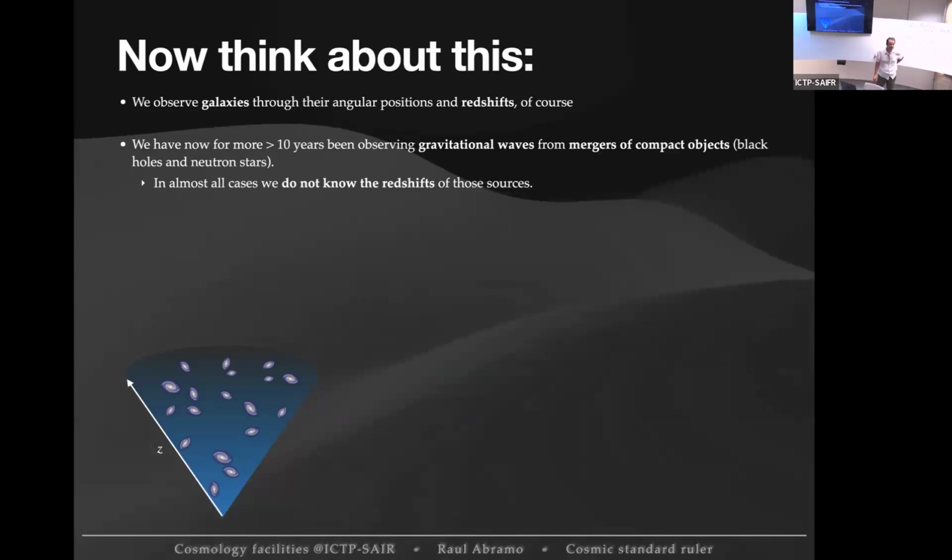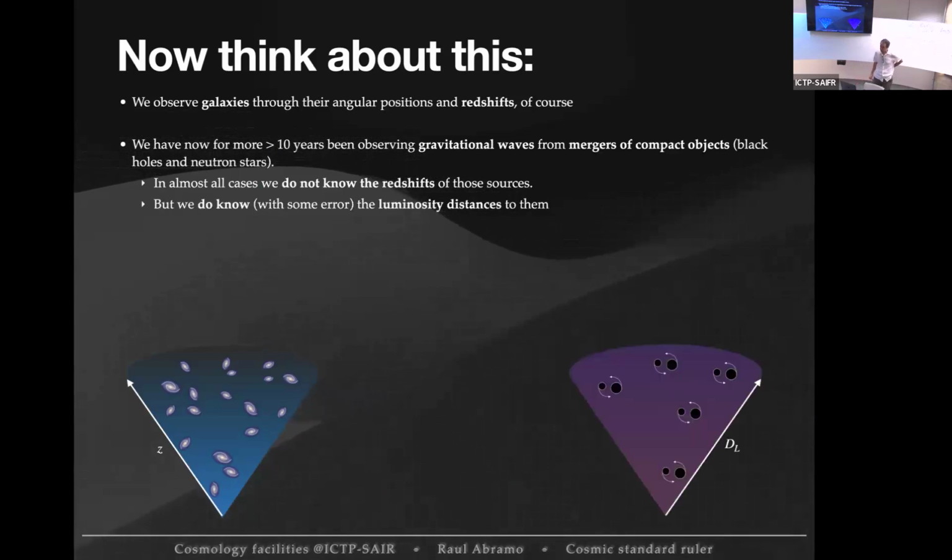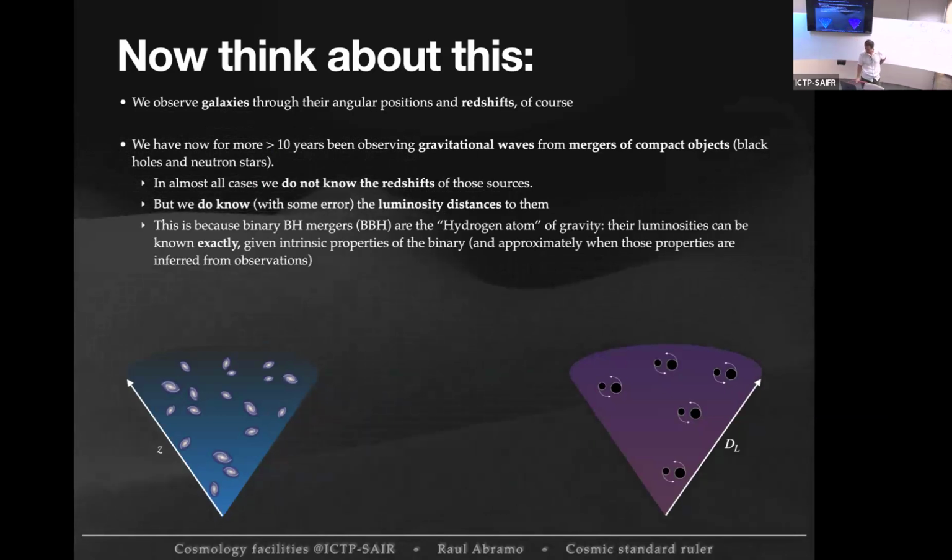Now we have been observing gravitational waves from mergers for many years. In almost all cases, basically but for one or two, we don't know the redshift for those sources, but we do know with some uncertainty the luminosity distance. So we have these two disjoint maps of the universe here, and what we want, of course, is to join them.